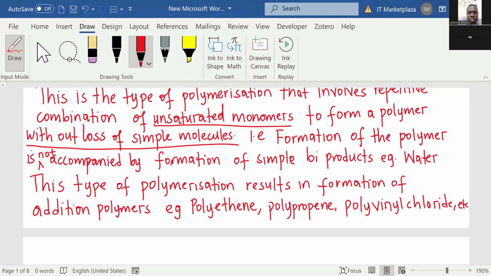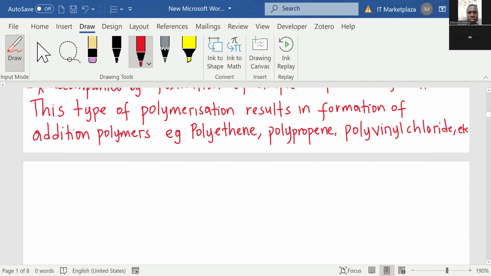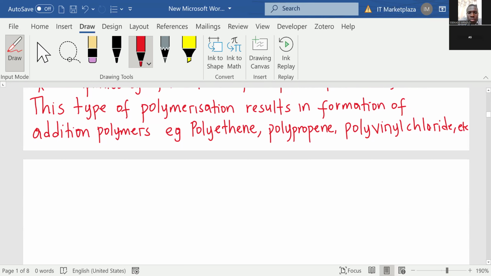So we look at how addition polymerization occurs.